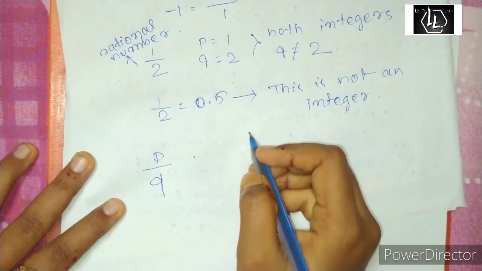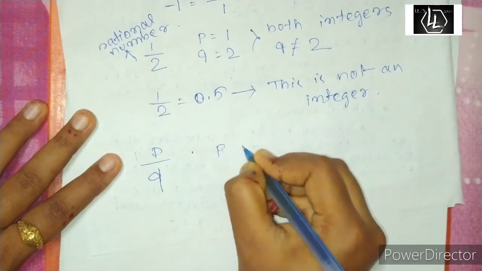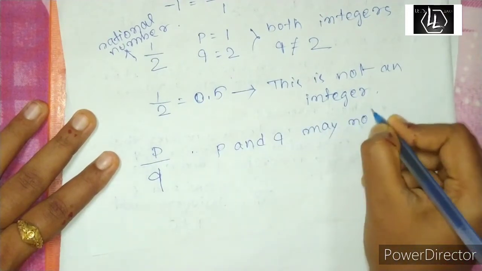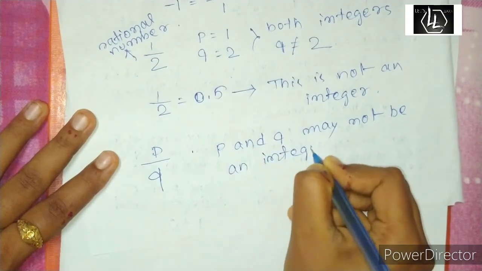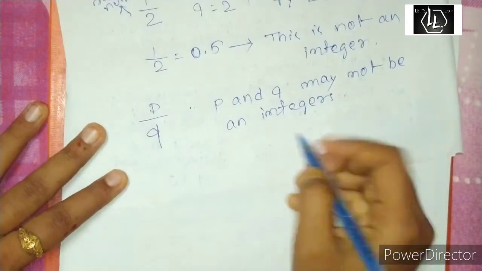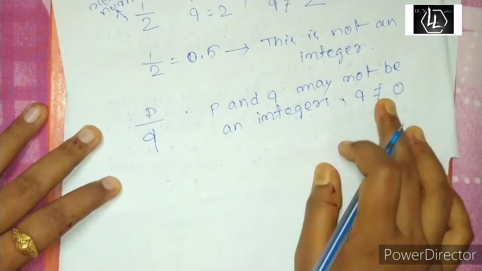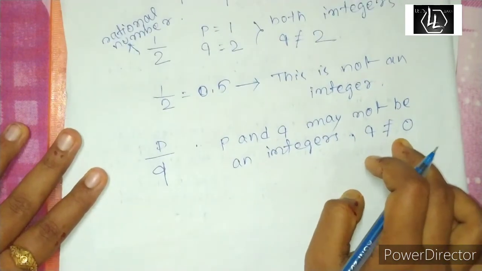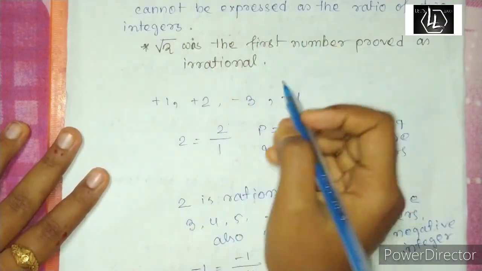So in irrational numbers, p and q may not be integers, and q not equal to 0. This is compulsory for rational and irrational numbers. So here p and q are not integers, so that it is called irrational numbers.